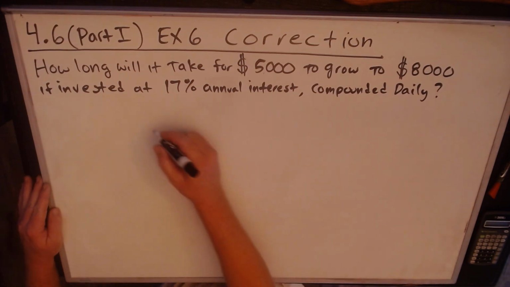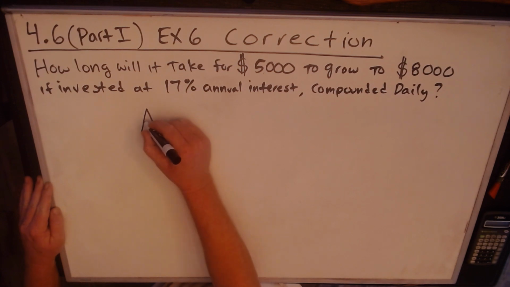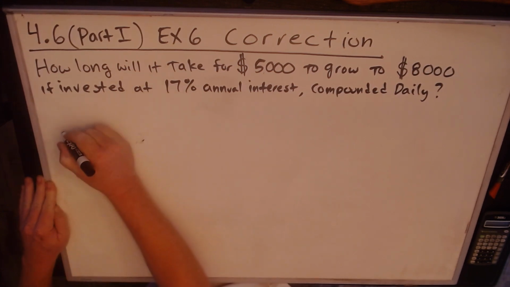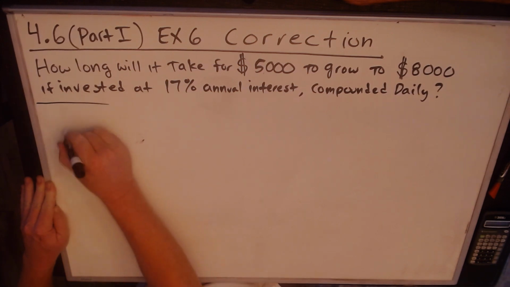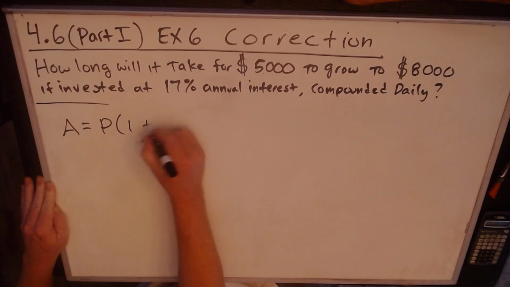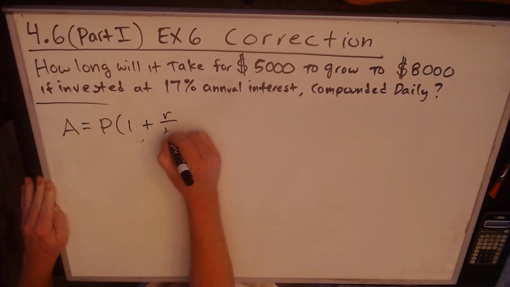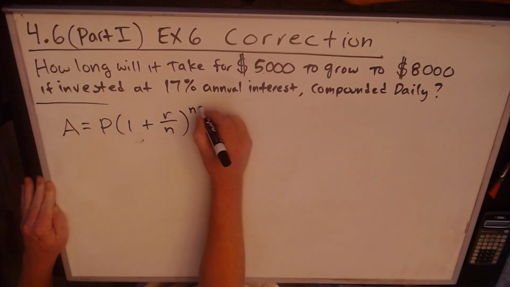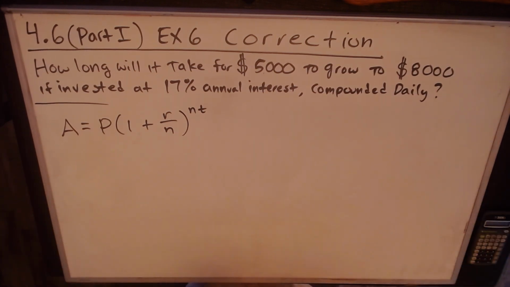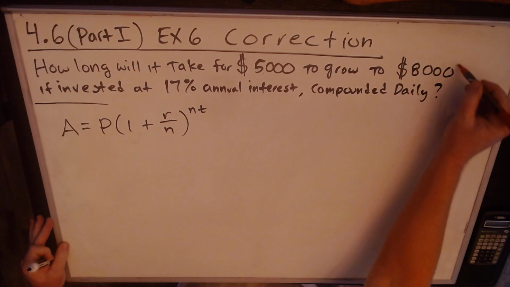So this was the compound interest formula. We have the amount. The amount is the principal times 1 plus the interest divided by n to the nt. Everything's the same as it was in the original problem.